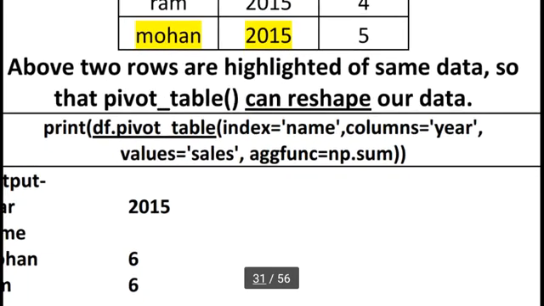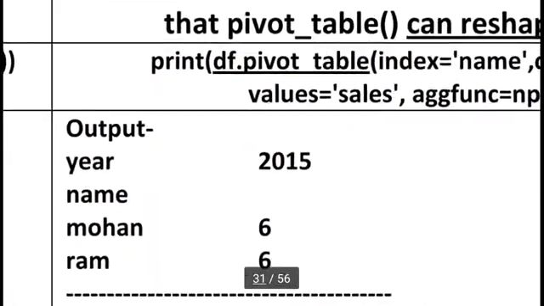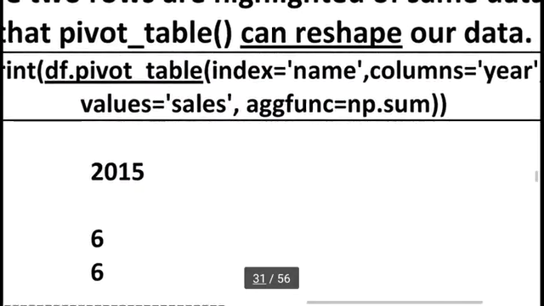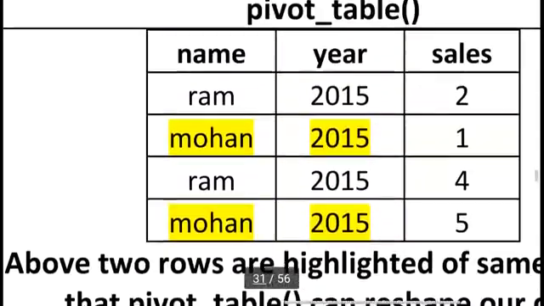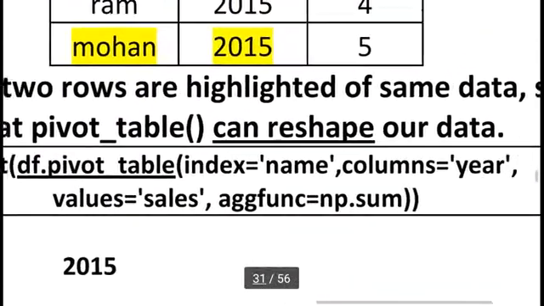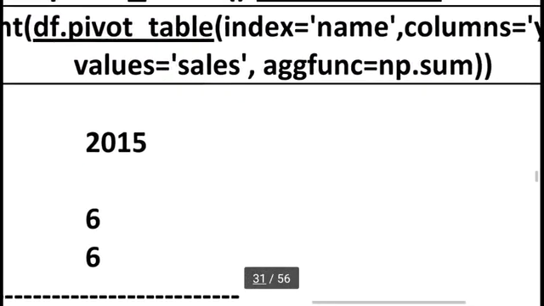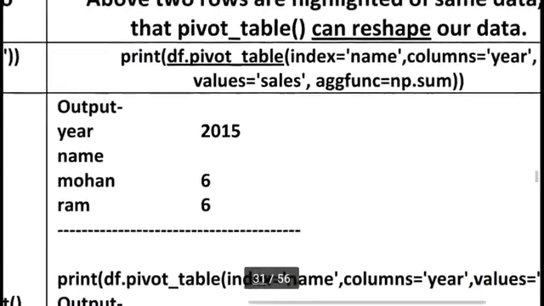So you can see index is name, and you can see name in all the index, pivot row, year, you can see the year 2015. I want to select the cells in the pivot and I want to sum.